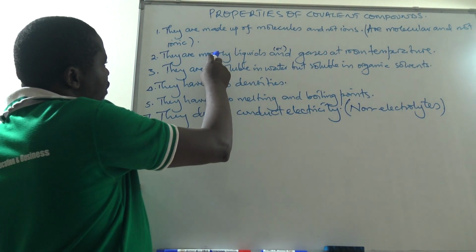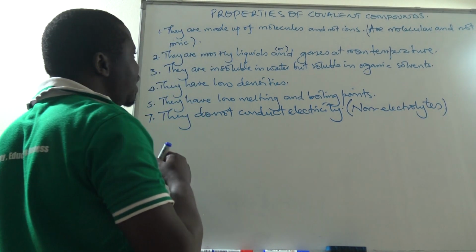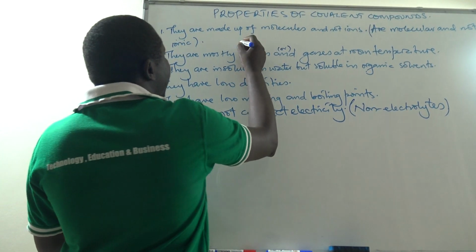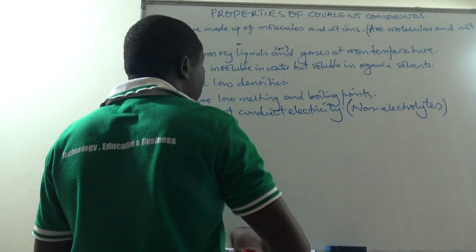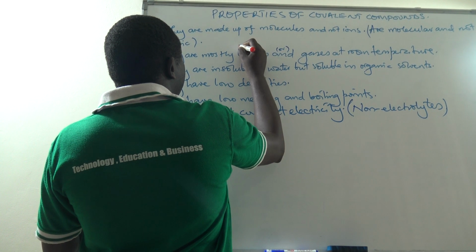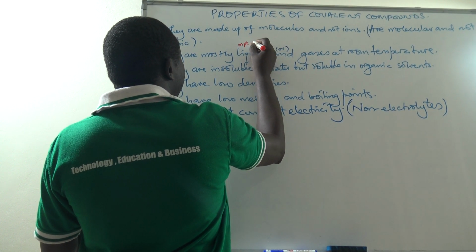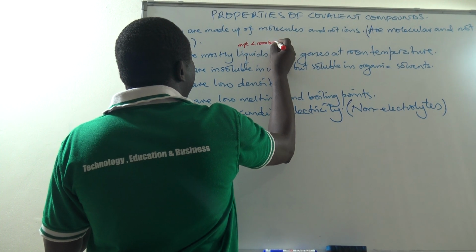Two, they are mostly liquids and gases at room temperature. So if it is a liquid at room temperature, that means the melting point is less than the room temperature.